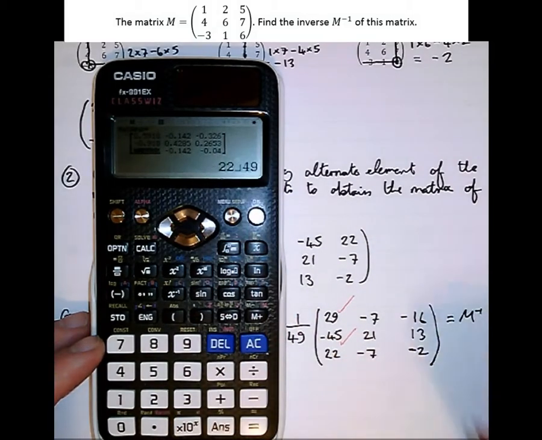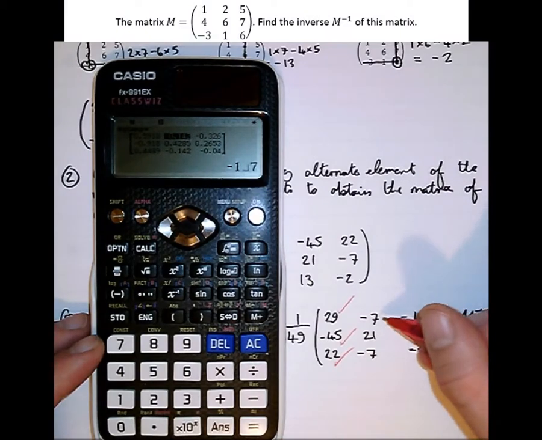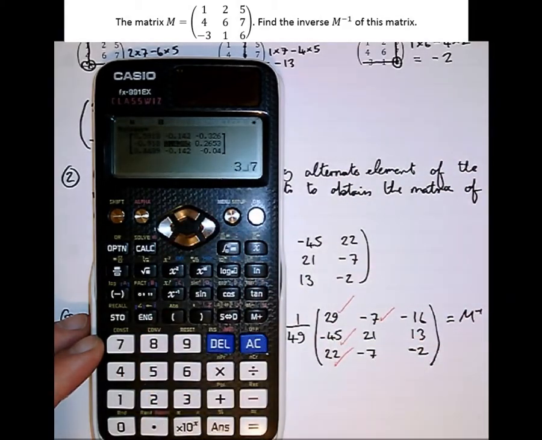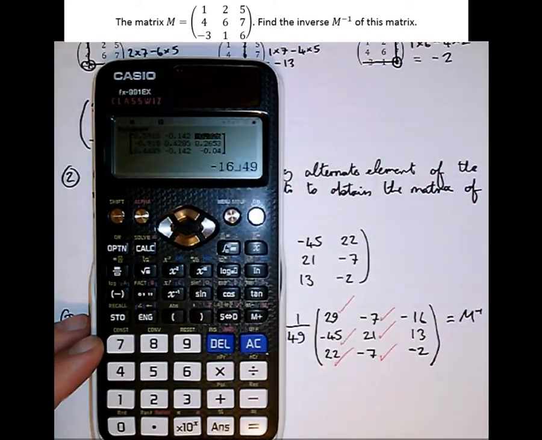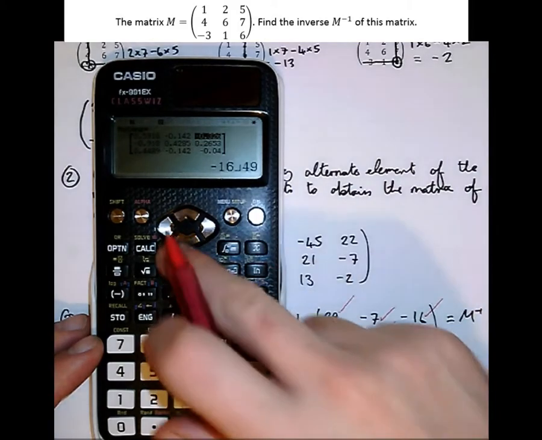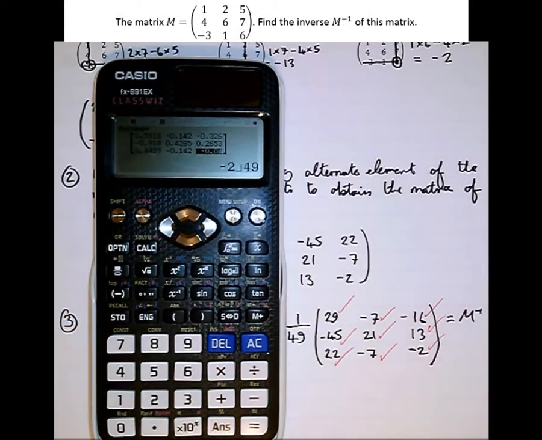Scroll down again, 22/49, that's correct. -1/7, so that's -7/49, yeah, that's -1/7. -3/7, well, 21/49 indeed is 3/7, and -1/7 again, yeah, -7/49 is certainly -1/7. -16/49, -13/49, and -2/49. Yeah, we found the inverse of the matrix M.